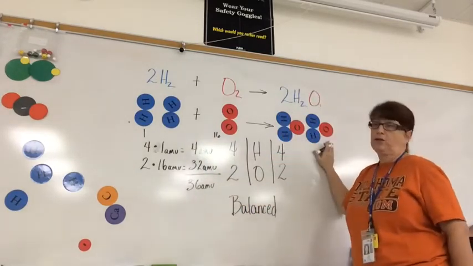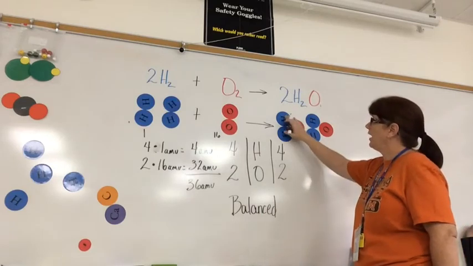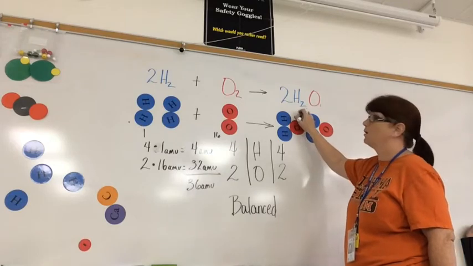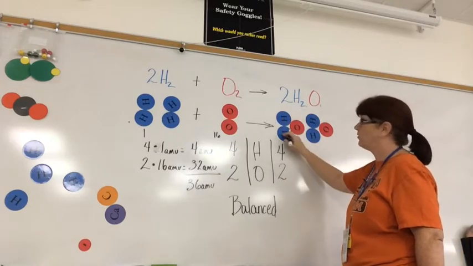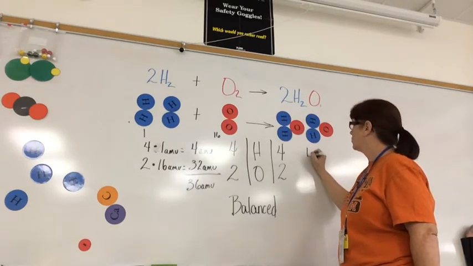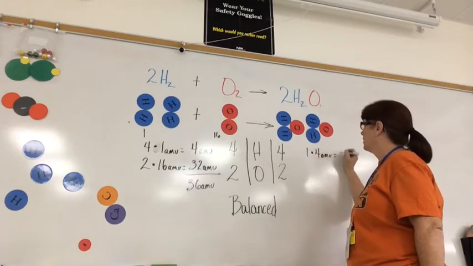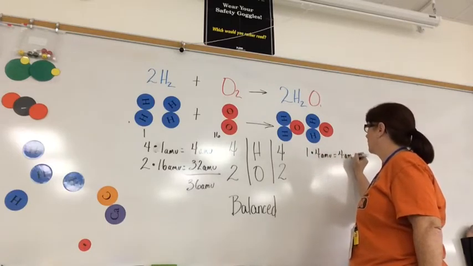When I look at it over here, I look at how many hydrogens. Again, I have 4, and the atomic mass unit for hydrogen is 1, so 1 times 4 AMU equals 4.